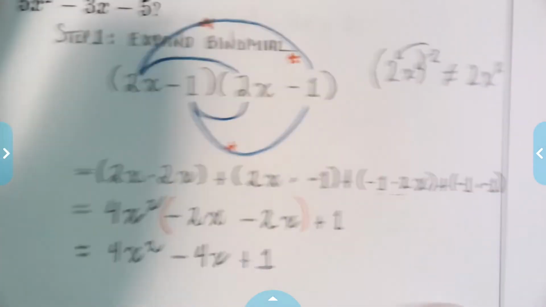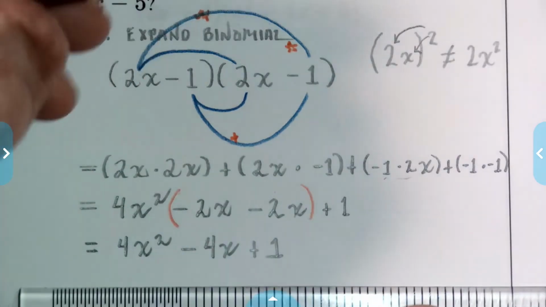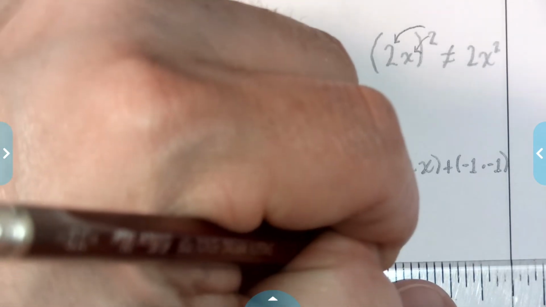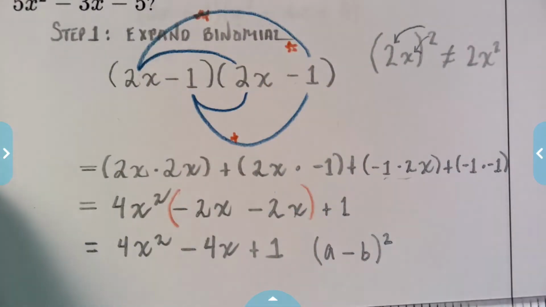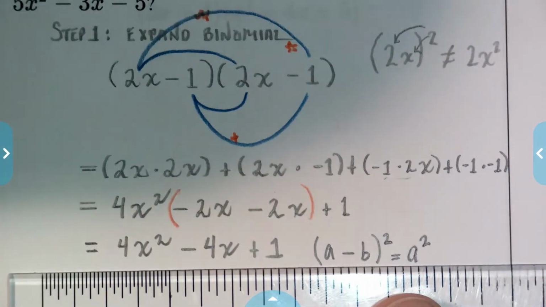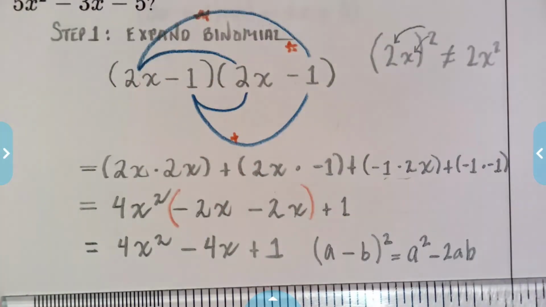So what can you take away from this structure? (a minus b) squared, because that's kind of the structure we had. And the structure is that that's going to give you a squared minus 2ab plus b squared.